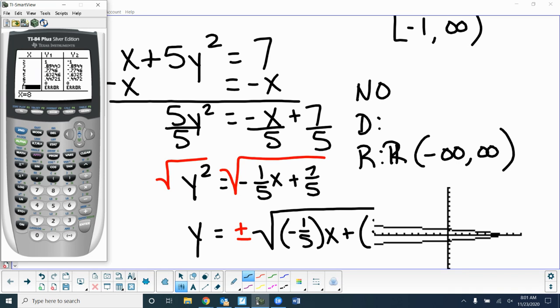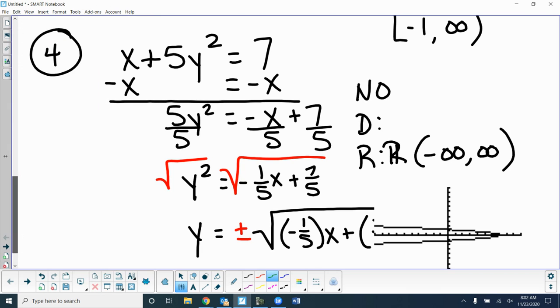Yeah, when I get to 8, there's errors, right? There's no answers. Okay, so it's from 7 that way, my domain. So my x is less than or equal to 7, or you could say from 7 to negative infinity if you want to use interval.